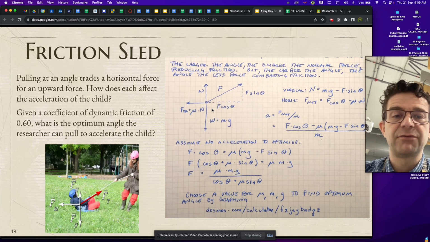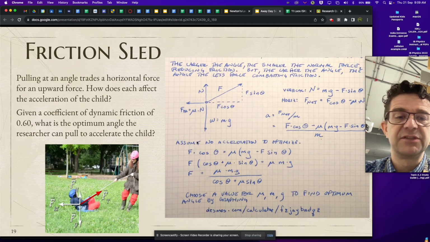The net force will be F cosine of theta minus the force of friction. The force of friction is mu times the normal force, which we can find from the vertical force. So we have F cosine of theta minus mu times (mg minus F sine of theta), all over m.